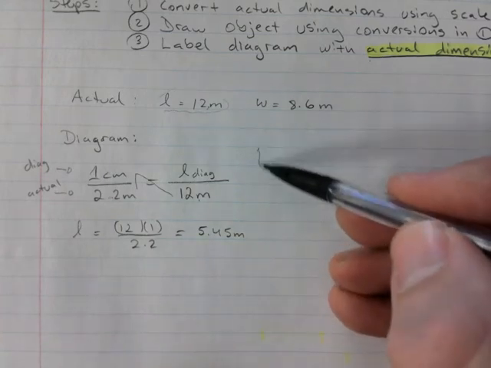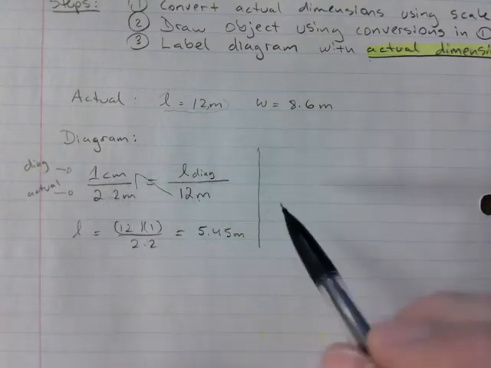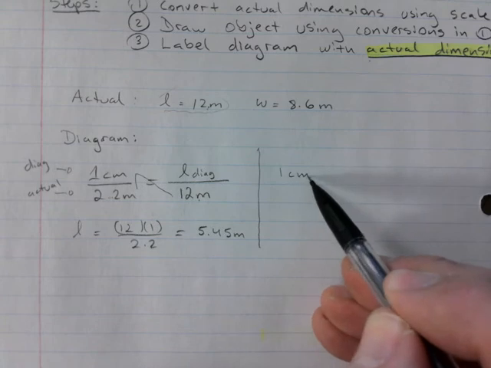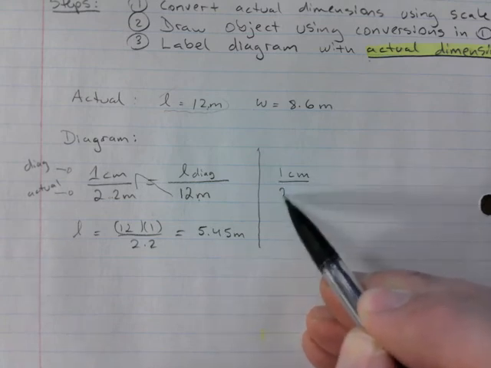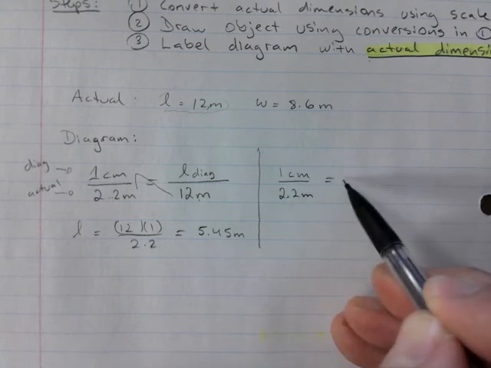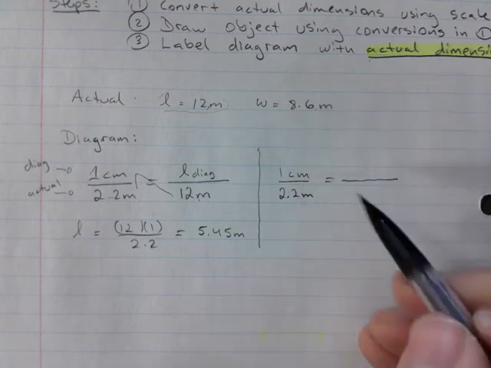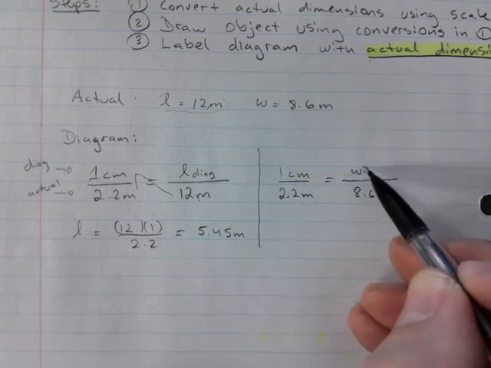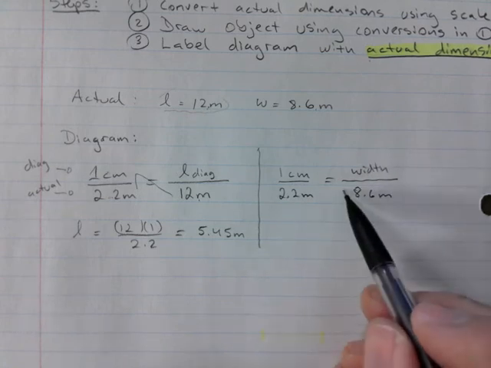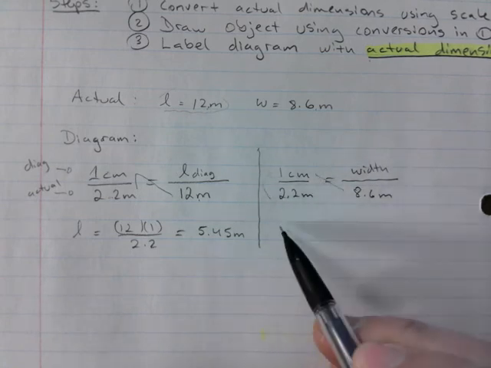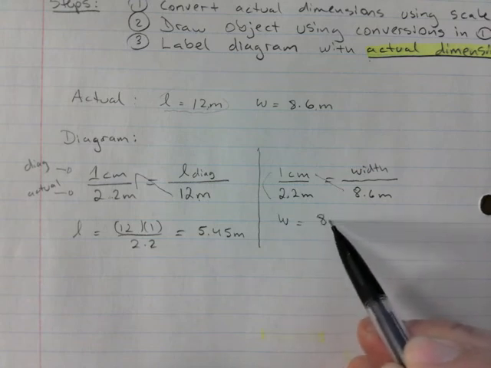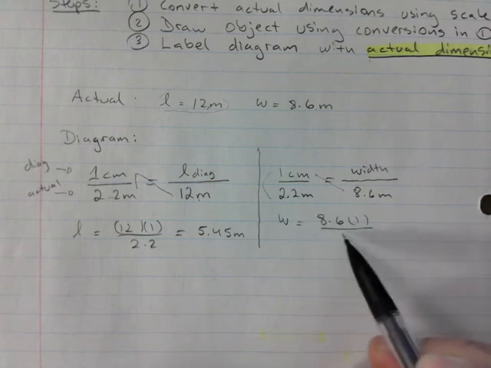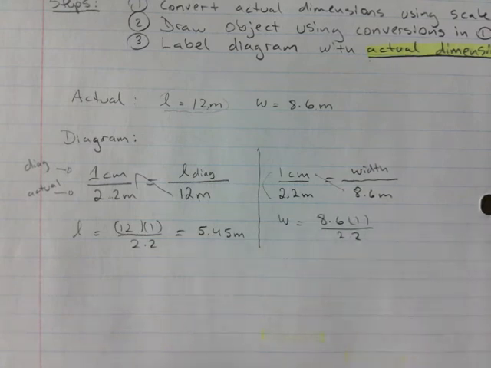And I'm going to cut this here. Repeat the same step. I'm using the same scale because remember, everything is affected by the same constant. But in this case, I'm going to use the 8.6 here. And this is the width, right? So you cross multiply and divide. 8.6 times 1, divided by 2.2.